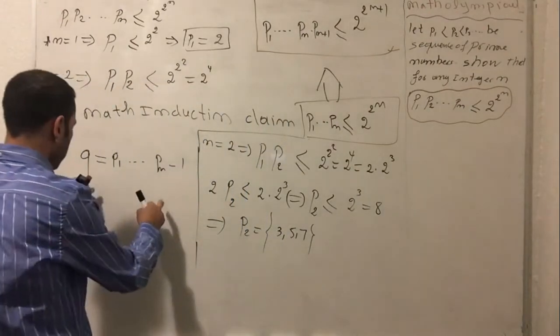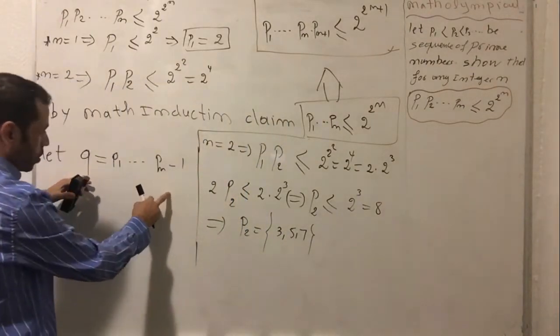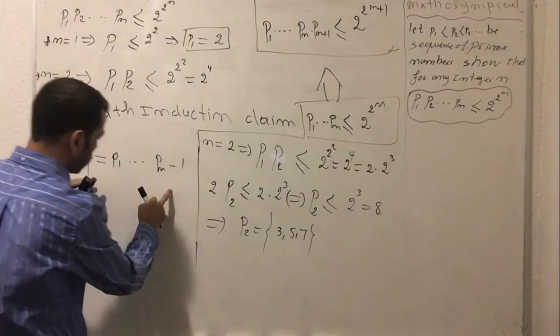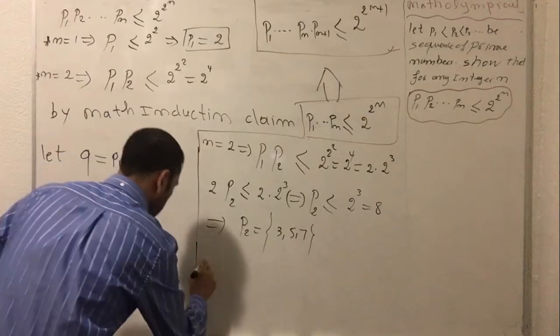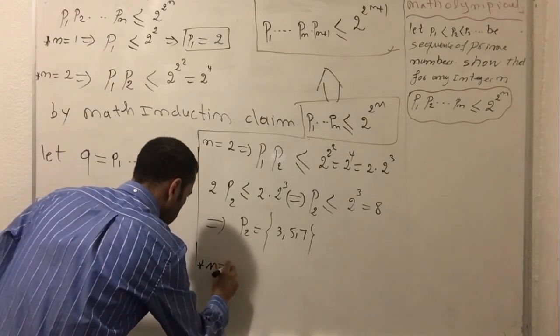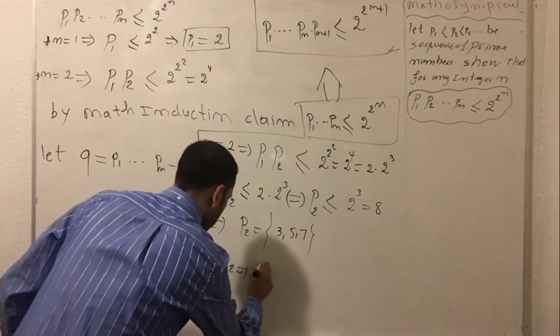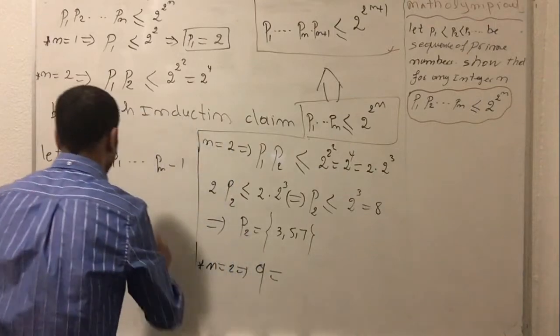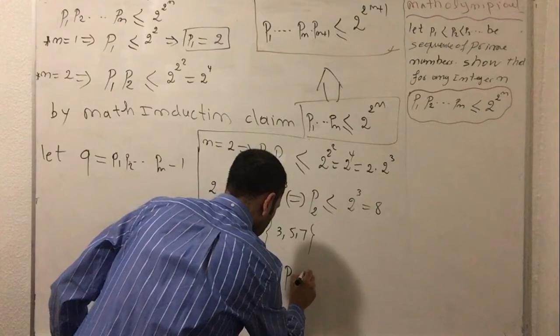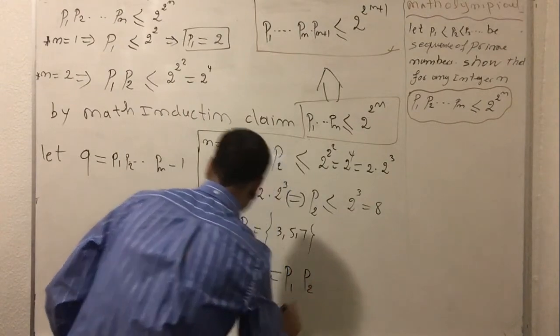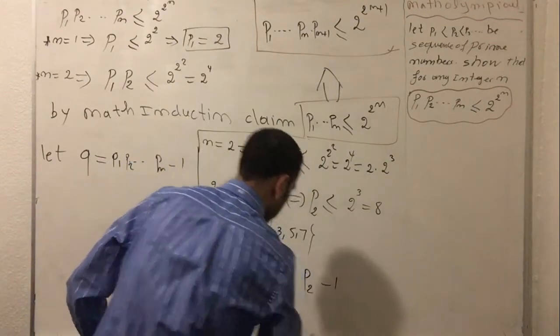So if you go back to here, for n equal to 2, Q equals P1 P2, always minus 1 at the end.